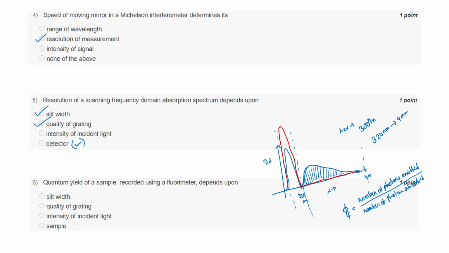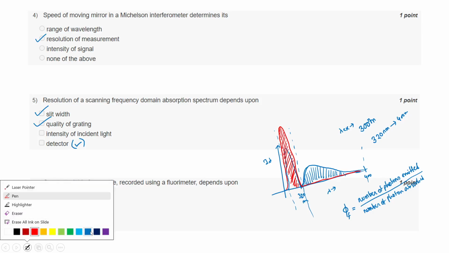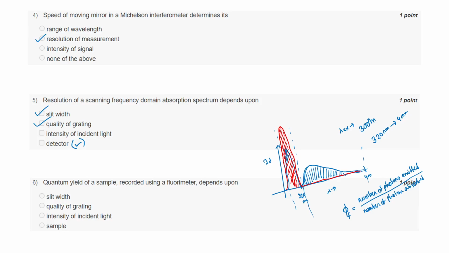Now, when there is no fluorescent sample, you are getting this whole red thing, right? This is the number of photons that is possible, coming from your excitation source. And when you are recording for your sample, then you are getting a different area, a little less than what was there when there was no fluorophore.